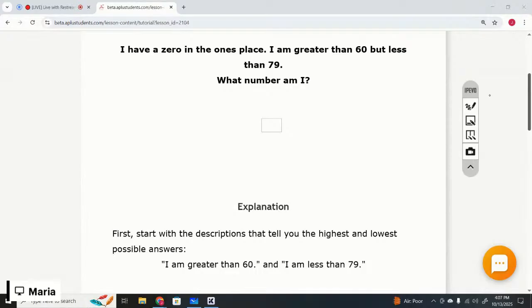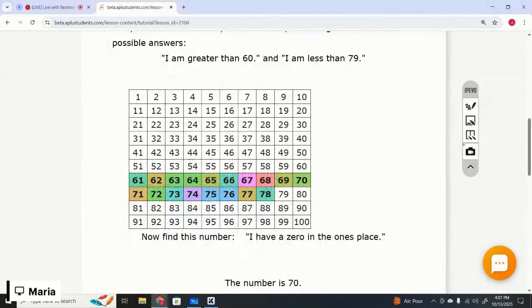Only one number it is, that is 70. Right? I have a 0 in the ones place, so that is 70. The correct option is 70.